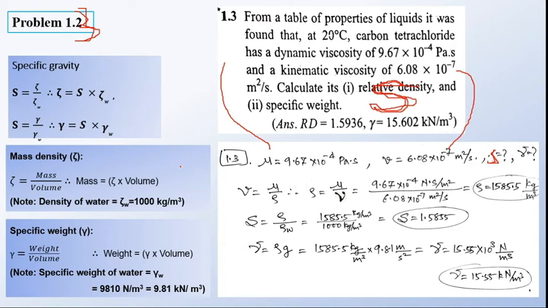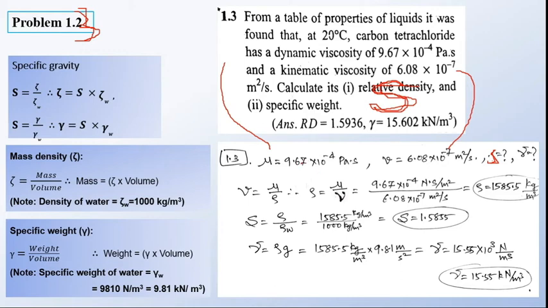What relations that we have are nu is equal to mu by rho, or rho is equal to mu by nu. Because I know both mu and nu, I should be able to calculate density. So mu divided by nu, if I put, you know that the units will become kg per meter cube.